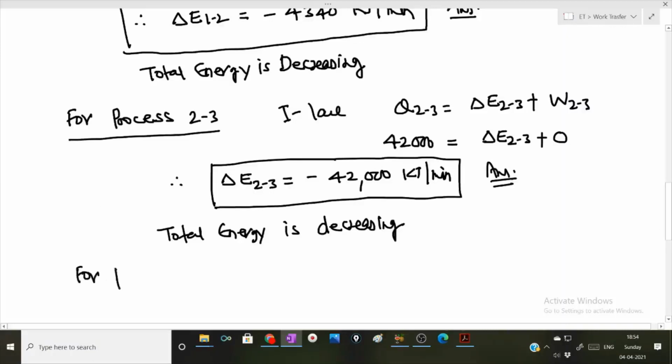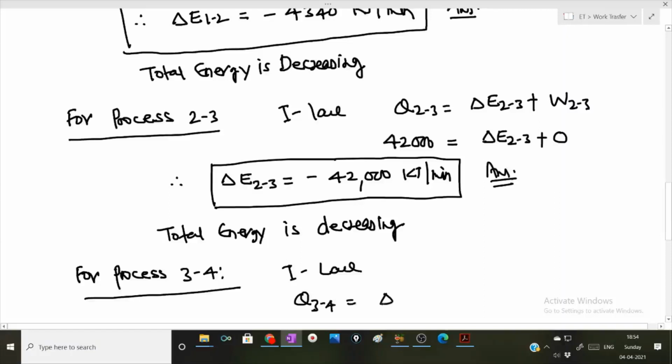Next, for process 3 to 4, I can write the first law: Q34 is equal to delta E34 plus W34. Now please refer to the table.